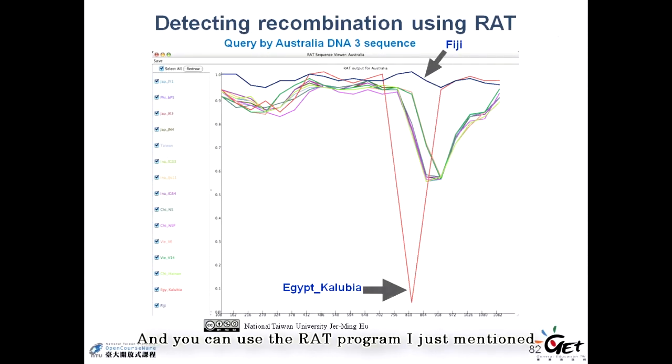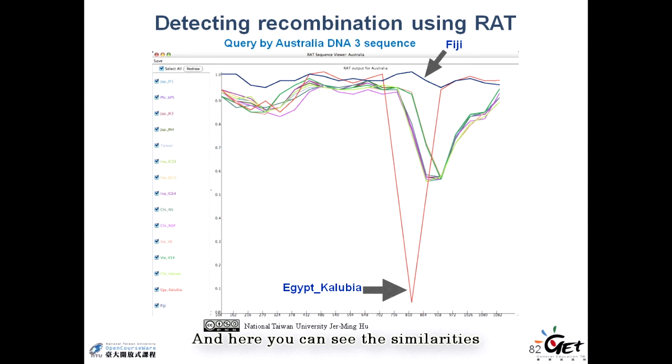And you can use the RAT program I just mentioned, and it will show you the different lines of different components. The y-axis is the similarity of the sequences, and you can see the different components have very similar cases, and these are just the common region.